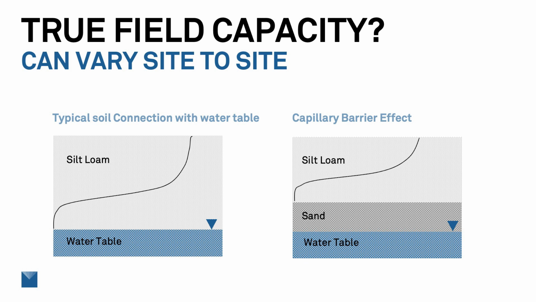Right at the interface of the water table, the water potential is going to be 0 kilopascals. As you go further up in the profile and move away from the water table, you're going to see a decrease in the water potential. It's going to get drier. Depending on where you're measuring within the soil, your field capacity is going to be different, because the water table is governing what that field capacity is.